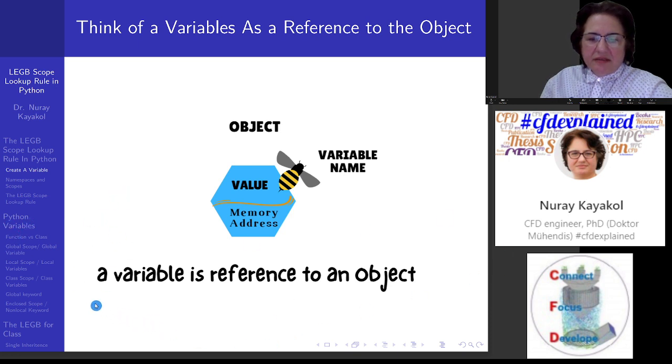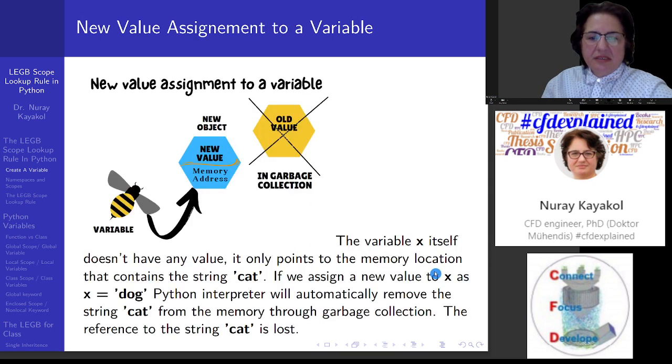This is another definition of variable. Let me read: a variable is a reference to an object. You see the object and the variable name, honeybee, pointing to, or it's a reference to, an object having a value and a memory address.